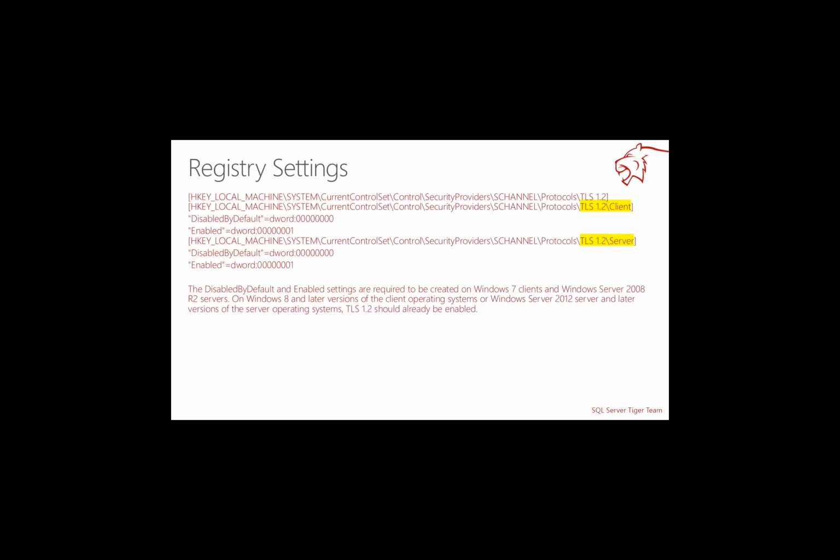So the TLS 1.2 client, the disabled by default key should be set to 0 and enabled should be set to 1. TLS 1.2 server should be set to disabled by default, again 0, and enabled needs to be set to 1. The server key controls the server-side components, the client key controls the client-side components. If you don't have these set, the server will not use TLS 1.2.